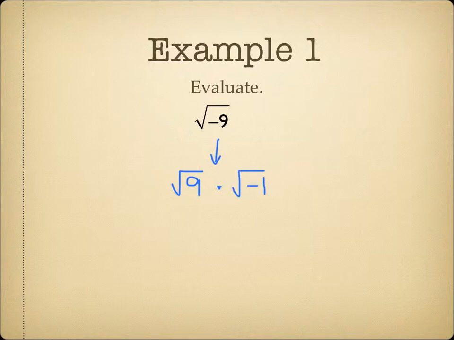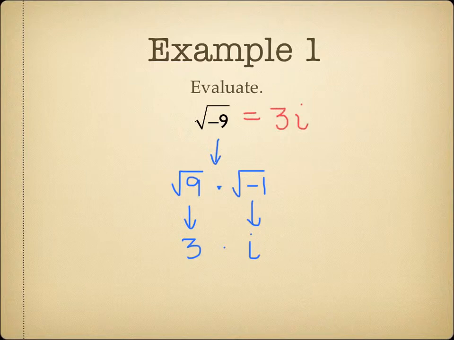That I could take this negative 9 and separate it out into a 9 and a negative 1. 9 times negative 1 makes negative 9. Well, what's the square root of 9? 3. And what did we just say we're going to call the square root of negative 1? i. So we would say our answer to this, square root of negative 9, is 3i.